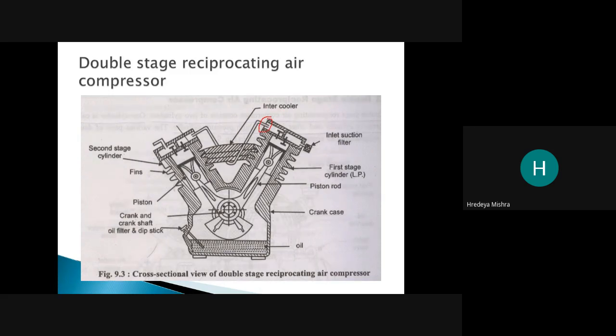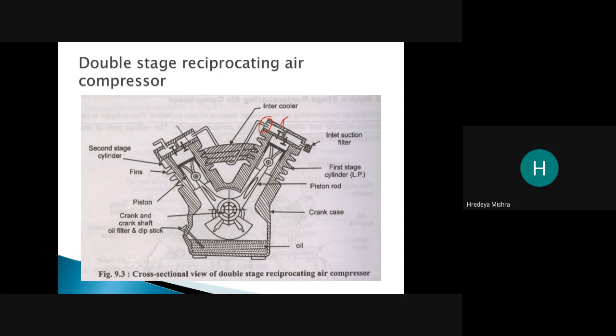This is the delivery valve for the first cylinder or low pressure cylinder. Then this compressed air goes to the high pressure cylinder and is compressed again.